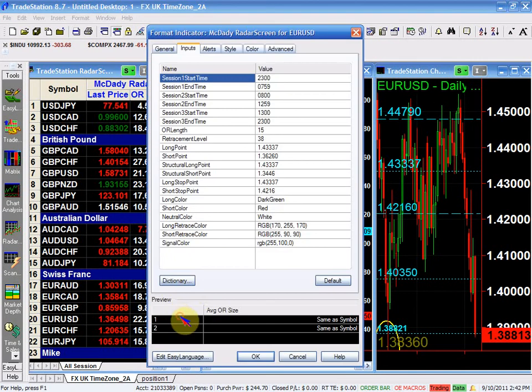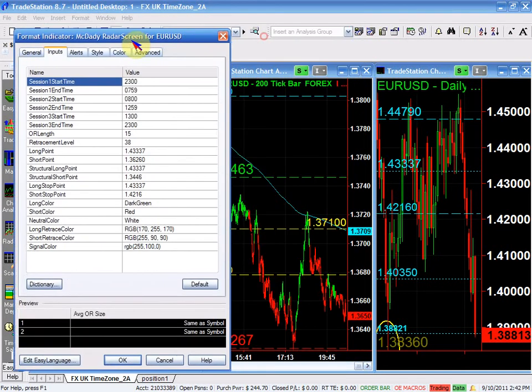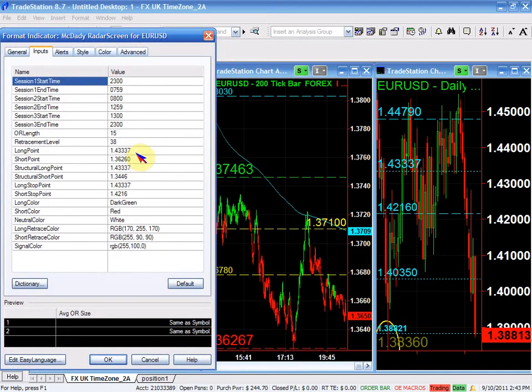So we are going to buy it above 137.46, and our structural long point is the 138.36.